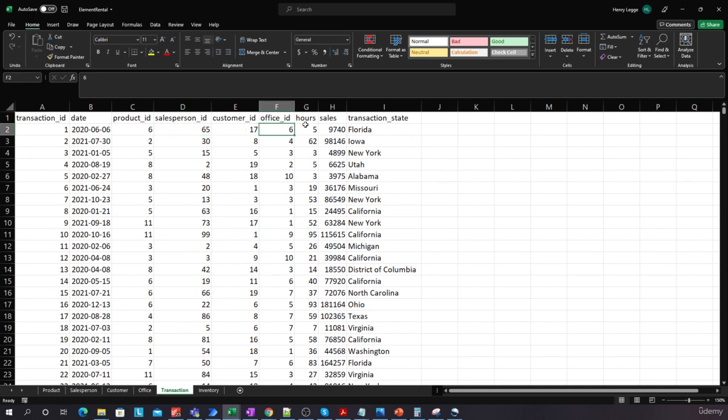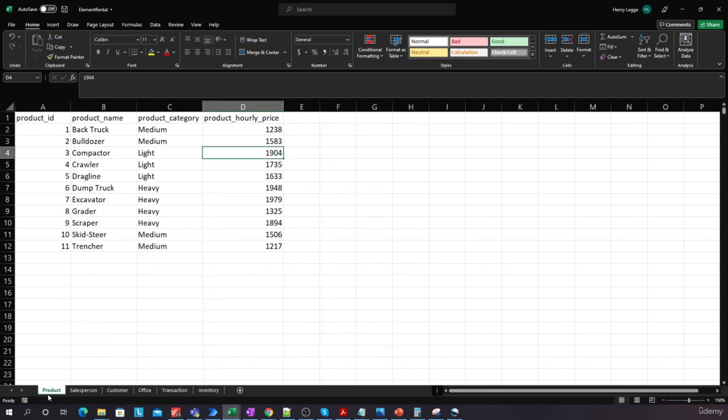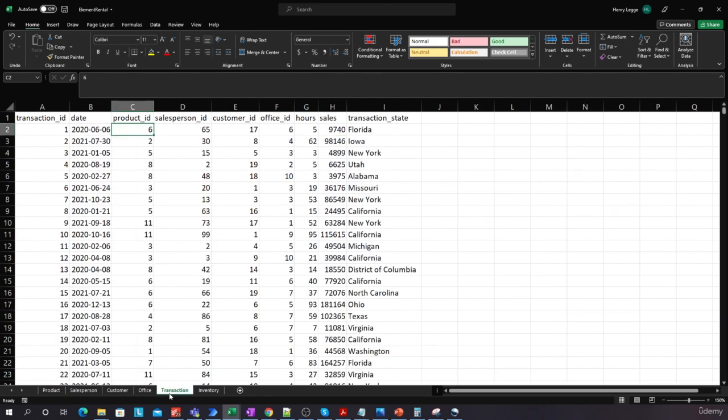And this product was rented for 5 hours. We know product ID 6 is $1,948 per hour, so when it was all calculated times 5 hours, we got 9,740. Perfect. We also know the transaction state, which was Florida. Because it can be different, right? The office ID is simply the location of the office that was transacted, but the transaction state might be different.